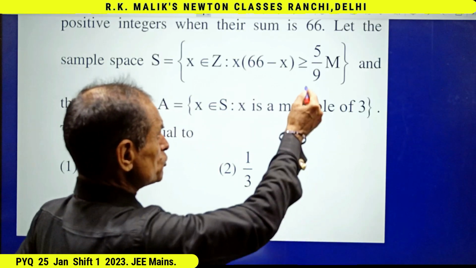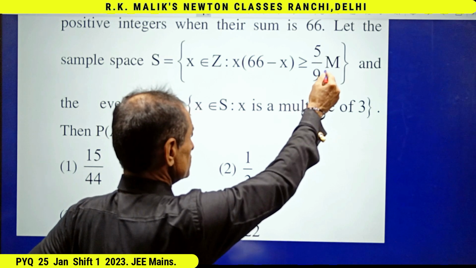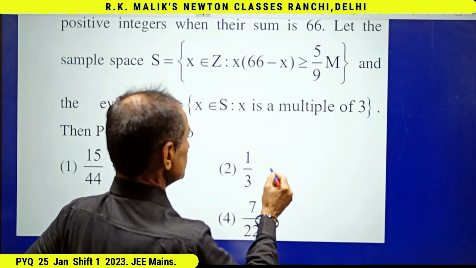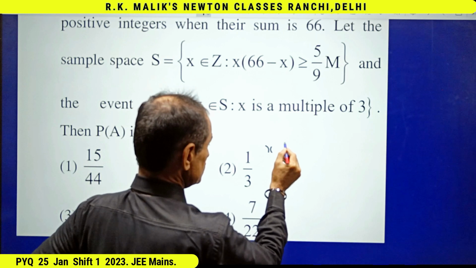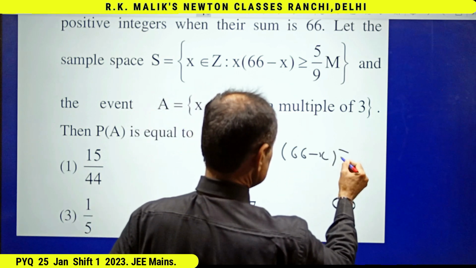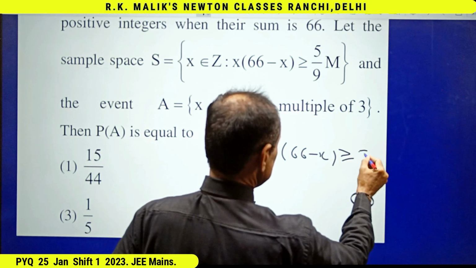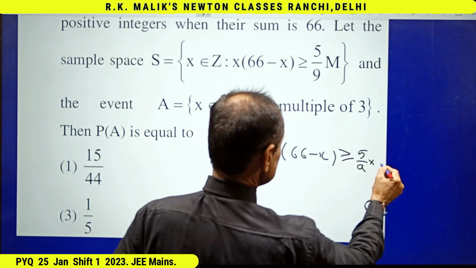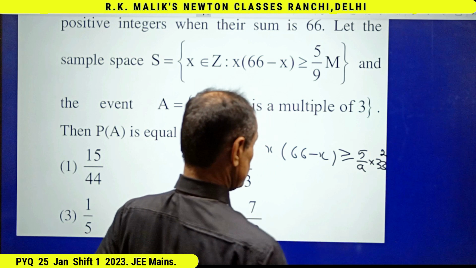And now putting the value of capital M as 33 square, I get the conclusion that x(66 minus x) is greater than or equal to 5/9 into 33 square.